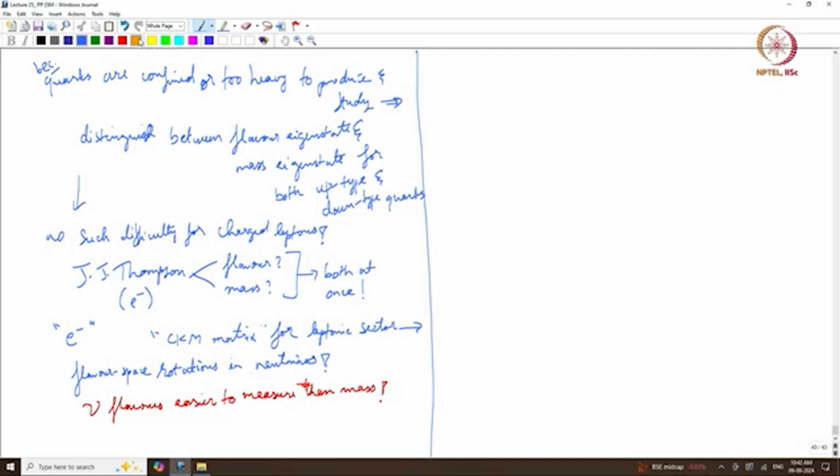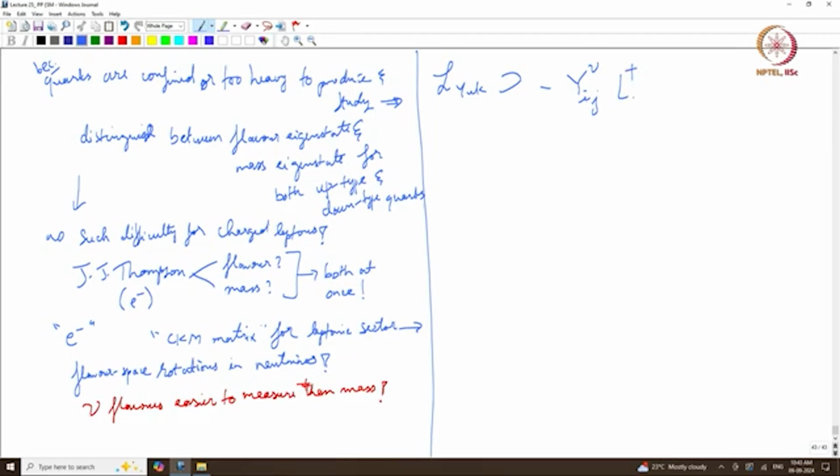So we are going to write down the CKM matrix equivalent of the neutrino sector now. So I am going to give a Yukawa interaction to the neutrinos. There is a Yukawa sector one could write down. So it looks like this. Again the i and the j are in flavor space.